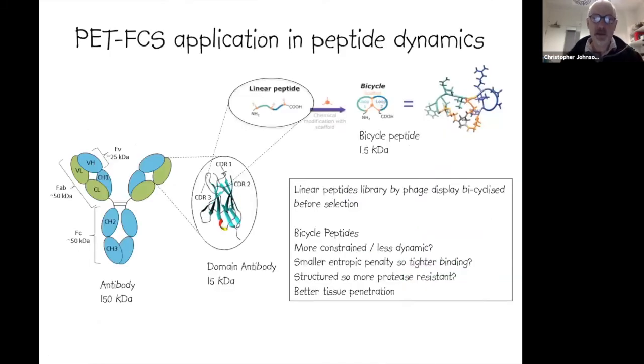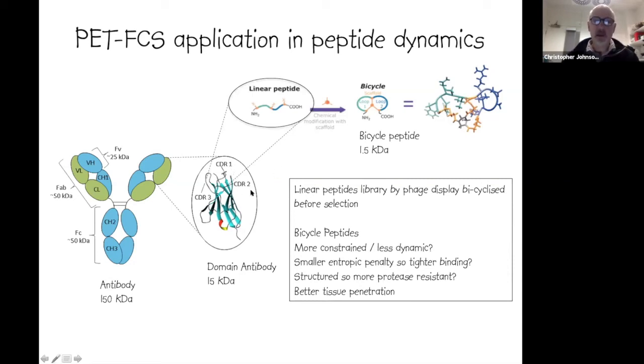So the application that we had for PET-FCS was to have a look at some peptide dynamics, and this came out of an increasing reduction in size, or an approach that's been pioneered here at the LMB, where the original therapeutic antibody approach by Cambridge Antibody Technology was later reduced down to a single domain antibody, as in the company Domantis.